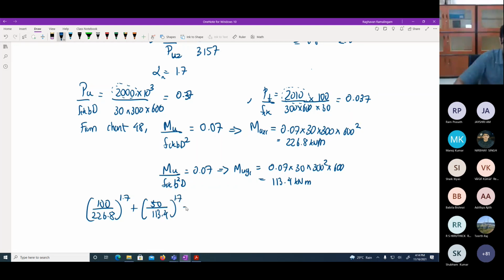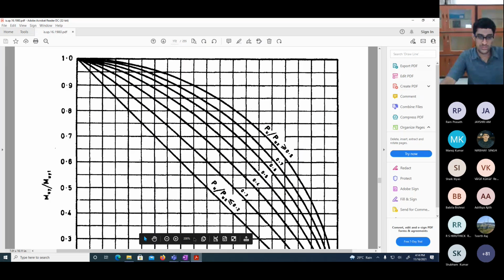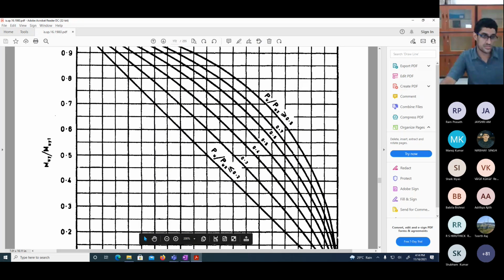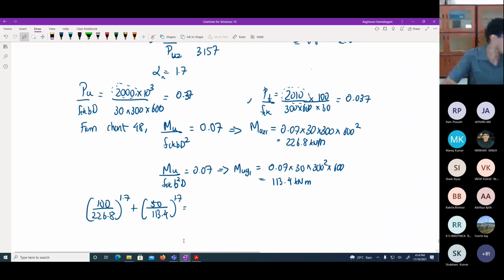This power 1.7. How much is the result of this? 0.497.